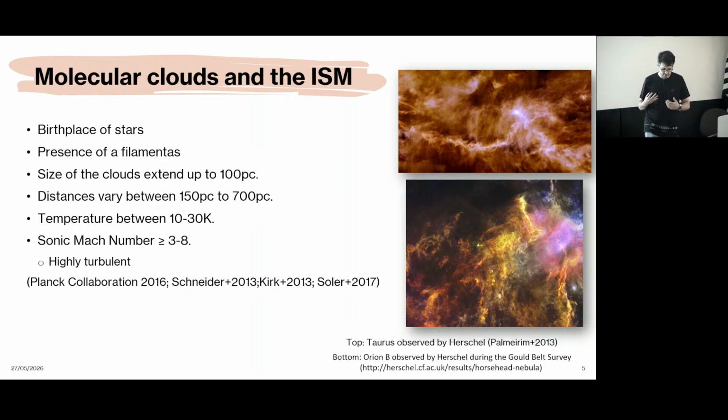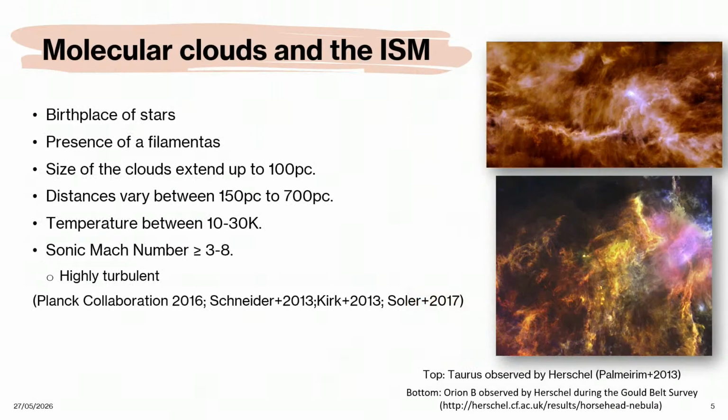They have the presence of filamentary structures. They are pretty extended, up to 100 parsecs. These clouds in particular have this range of distance from our planet, and they are very low temperature, but still they are very, very turbulent. So we see the formation of several structures in these places.